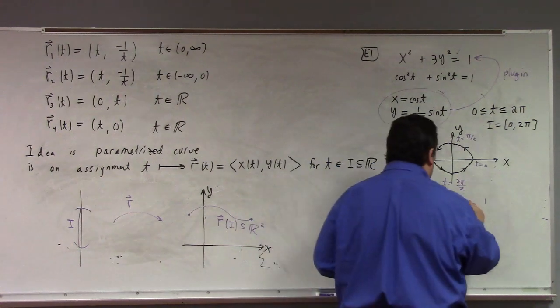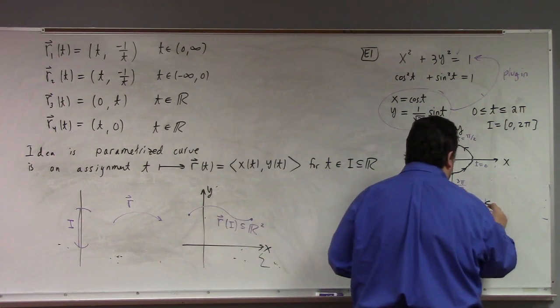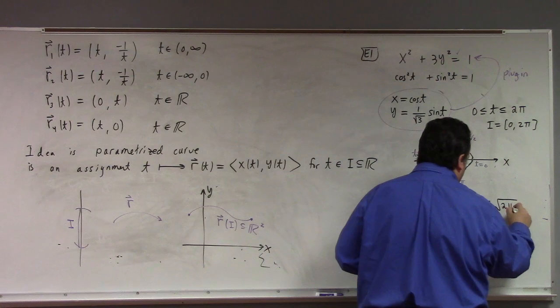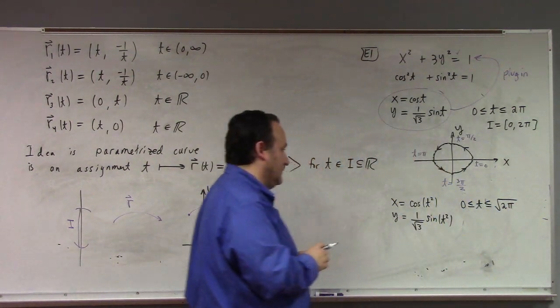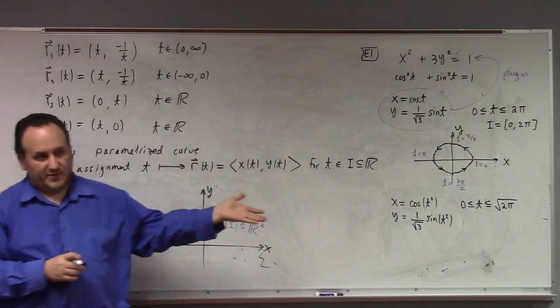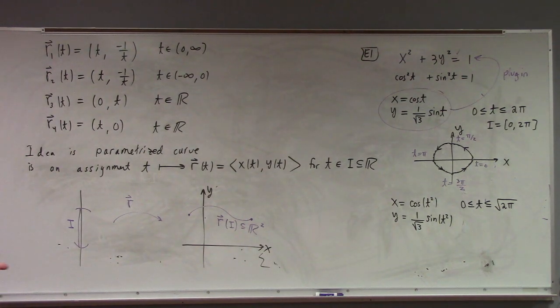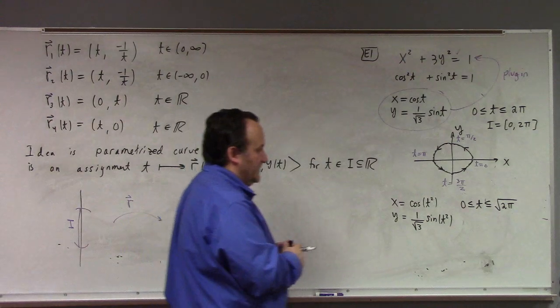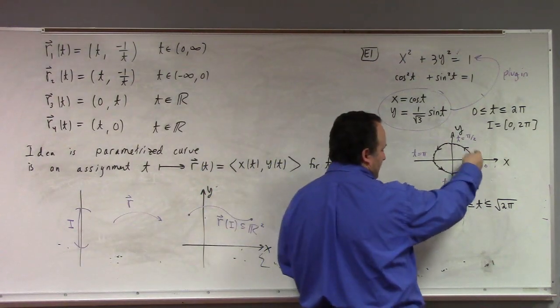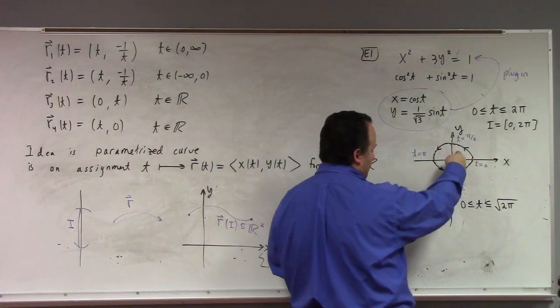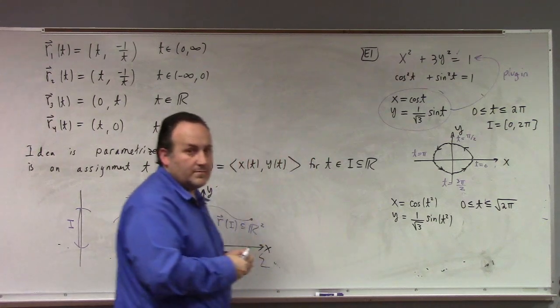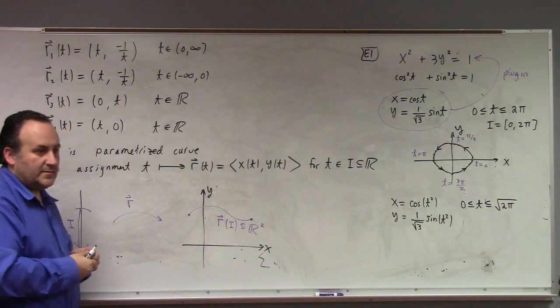And to be fair, 0 less than or equal to t less than or equal to, this time, the square root of 2 pi, right? That would be a different parameterization of the same curve. It would start at the same point, though. It would still start at (1, 0). It would go around the loop. But what would be the difference between this parameterization and that one? It speeds up, right?